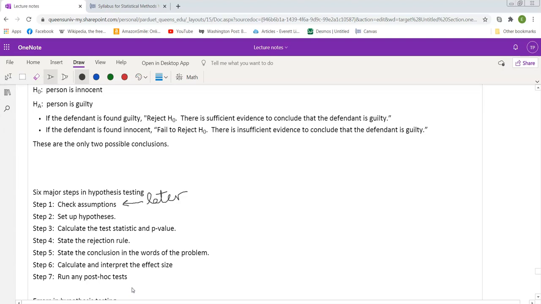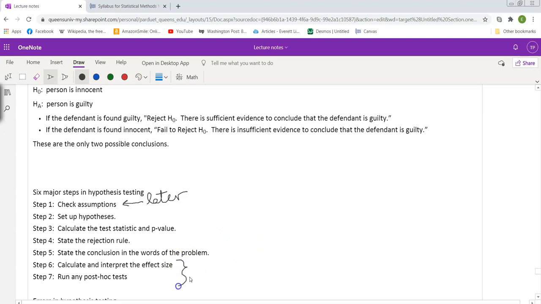Some places it's beyond all reasonable doubt. That's in most criminal justice trials. I think in some juvenile cases it's beyond a shadow of a doubt. But basically that's our rejection rule. That's what our standard of evidence is. And then the conclusion, in the words of the problem, this is the verdict.